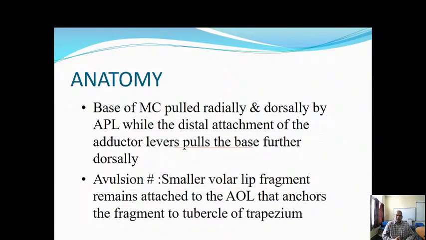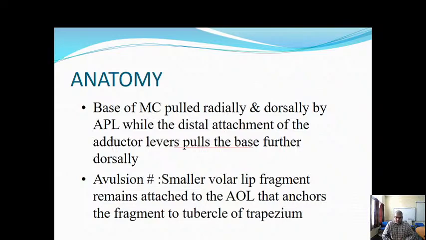Now comes the anatomy. The base of the metacarpal is pulled radially and dorsally by abductor pollicis longus, while the distal attachment of the adductor levers and pulls the base further dorsally, thereby giving an avulsion fracture. You get a small volar lip fragment which remains attached to the anterior oblique ligament.